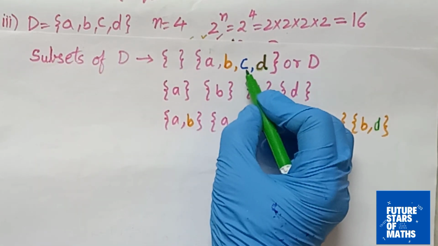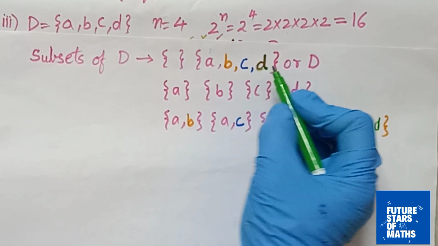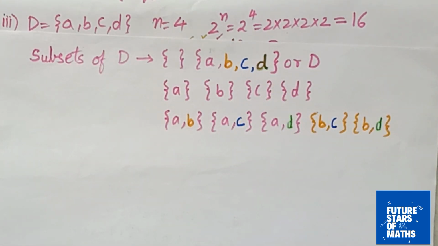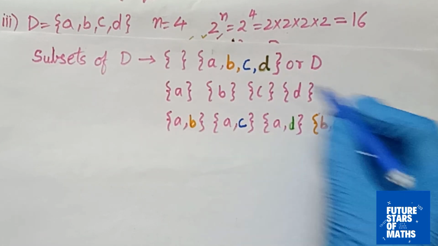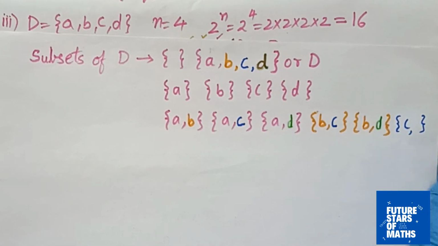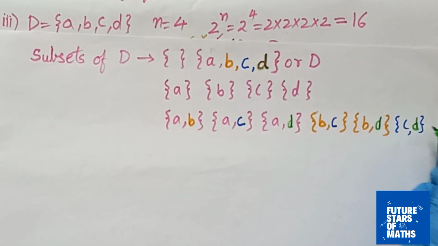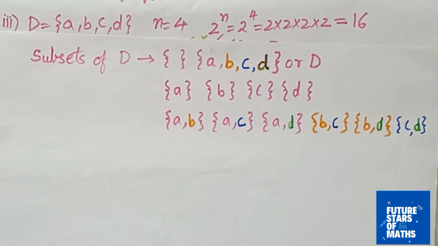What will be the next pair? With C, how many elements are left? 1. So only one pair we will get here with C. What will it be? The left element. What is the left element? D. So C with D. So all the possible pairs with A, B and C are over now.